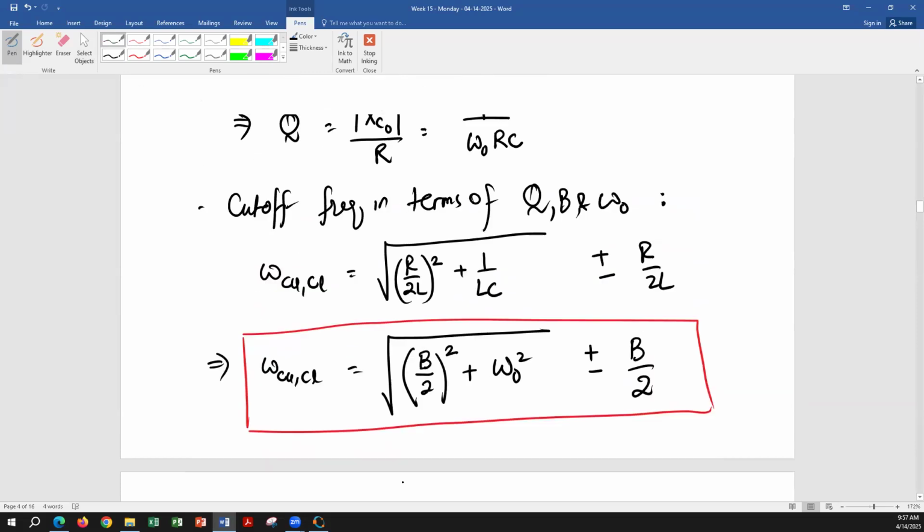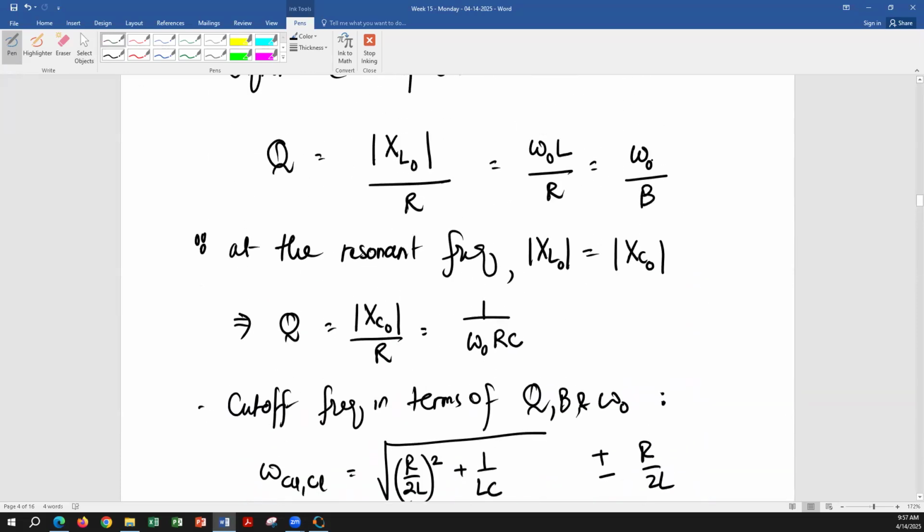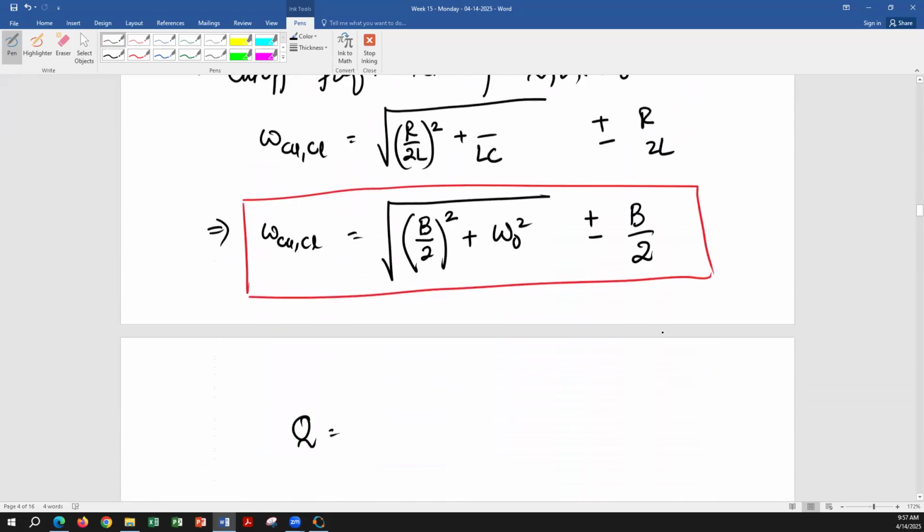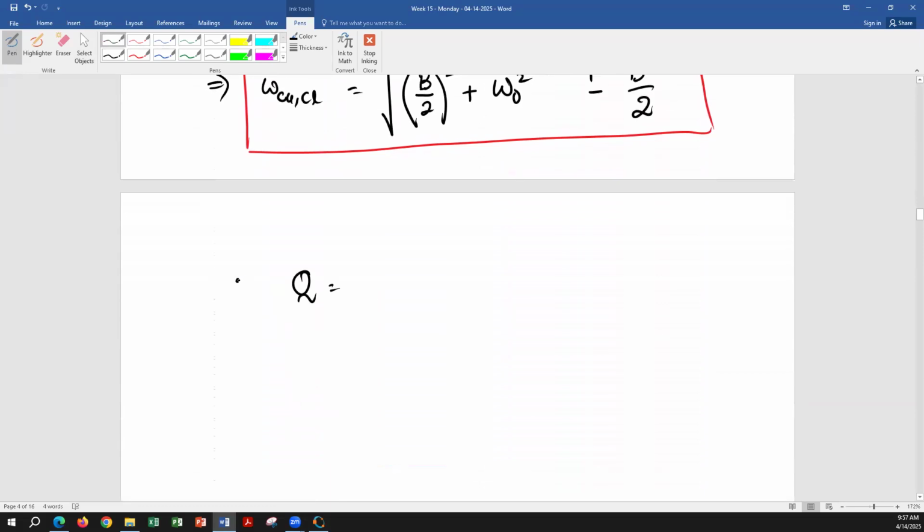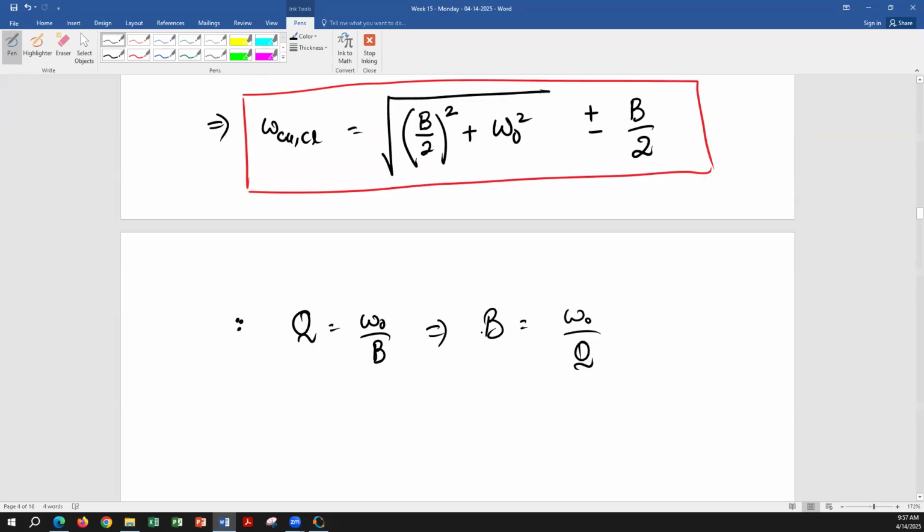Q is equal to omega naught over B from here, which implies B is equal to omega naught over Q. So we're going to plug that value of B into this equation and write this down in terms of omega naught and Q.